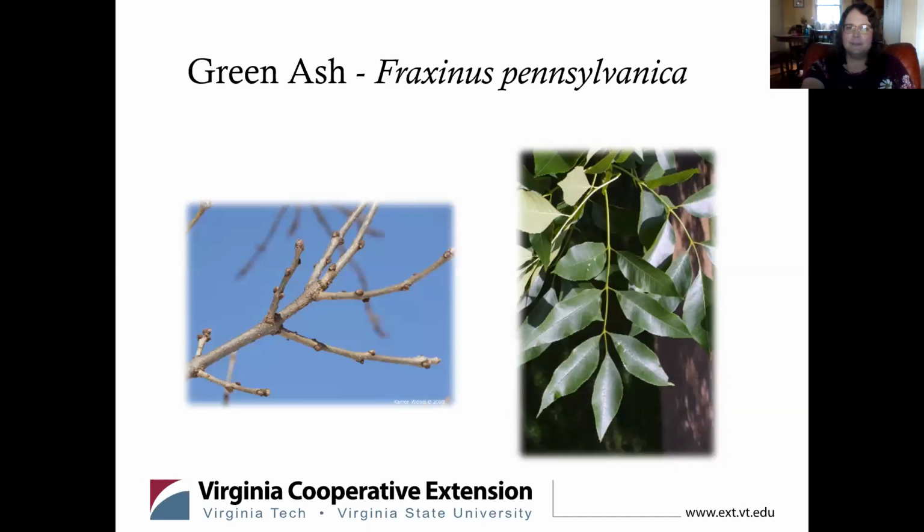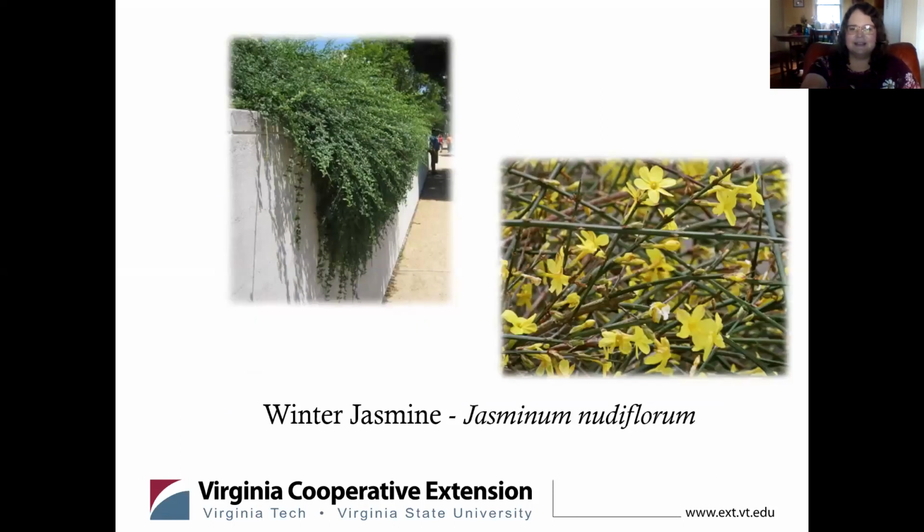Green ash here, Fraxinus pennsylvanica, an ash that was originally found in Pennsylvania. Winter jasmine here in the eastern United States. Jasminum nudiflorum, which means a jasmine that loses its leaves in the wintertime.